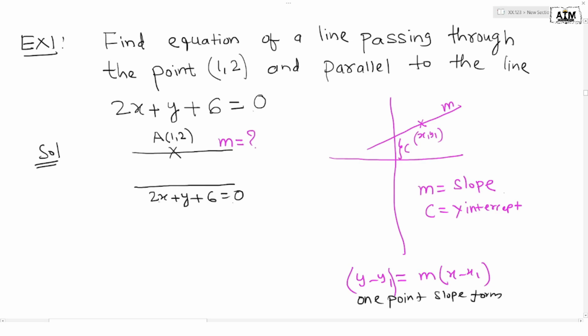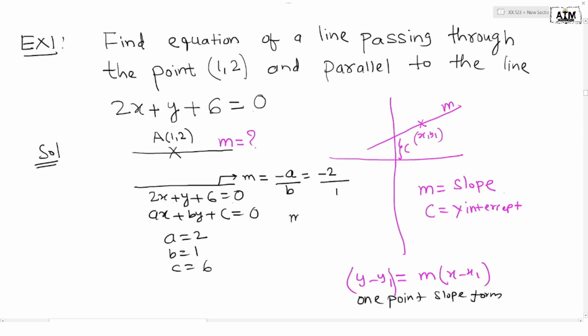Now here is the parallel line. Equation of the parallel line is given by ax plus by plus c equals 0, and comparing with 2x plus y plus 6 equals 0, a equals 2, b equals 1 and c equals 6. So slope of this line, m equals, given by the formula, minus a upon b, where a value is 2, so minus 2, and b value equals 1, therefore m equals minus 2.